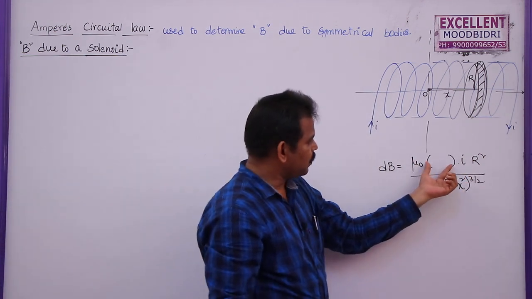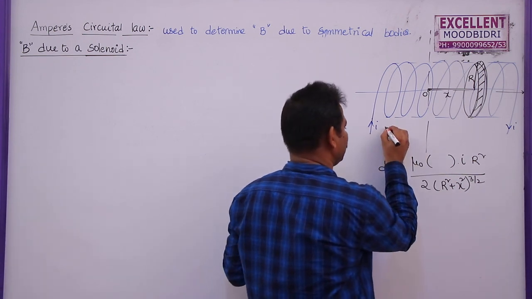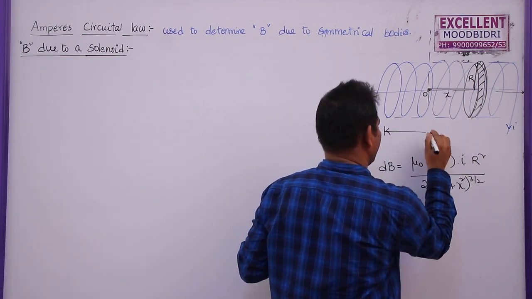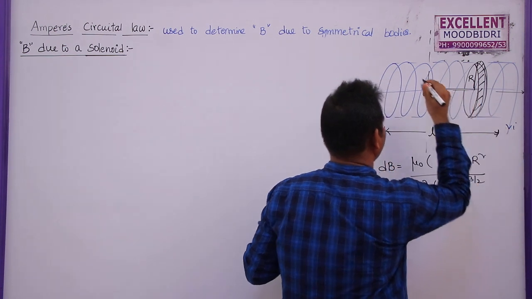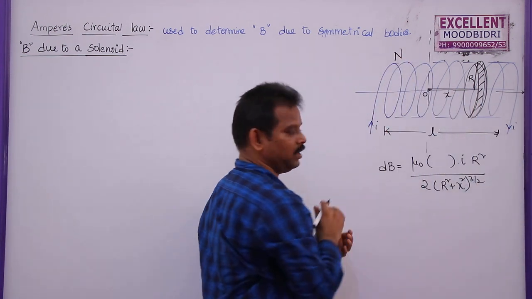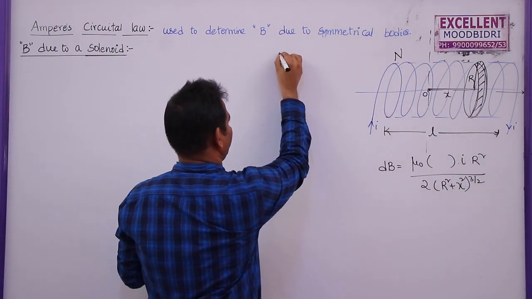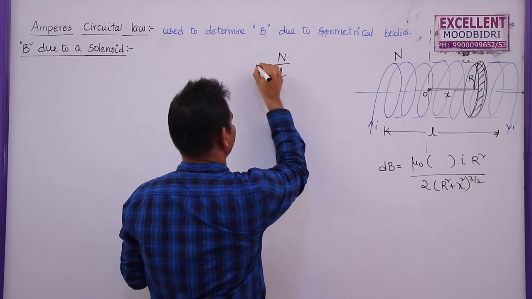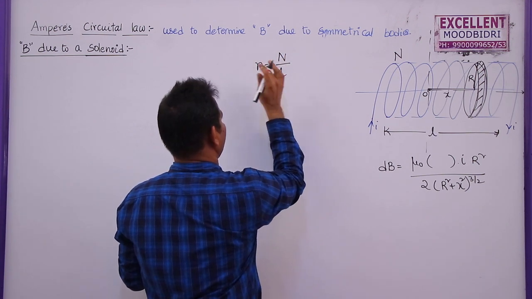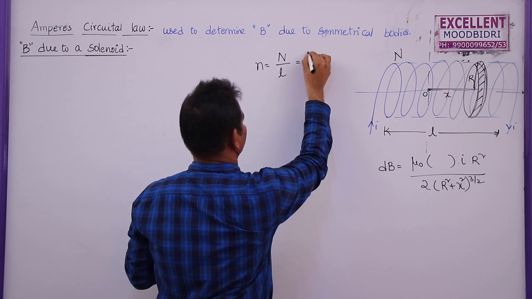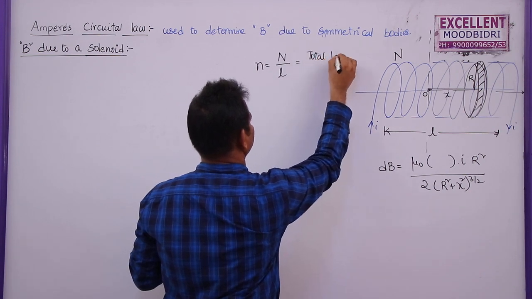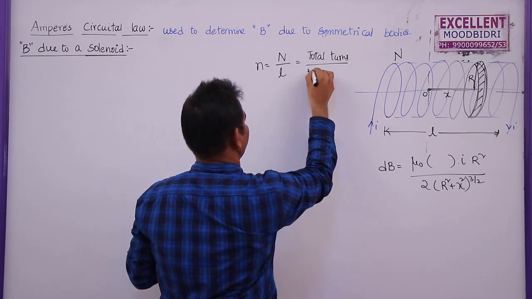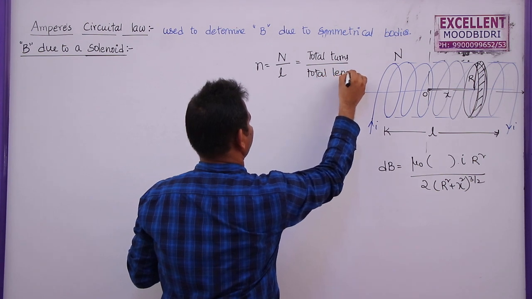But what are the number of turns here? Let us say the total length of this solenoid is L. The total number of turns is N. The number of turns per unit length, we call it the number of turns per unit length. This is total turns by total length.